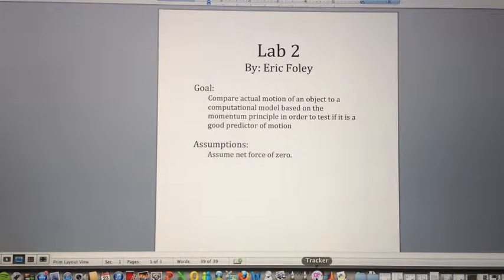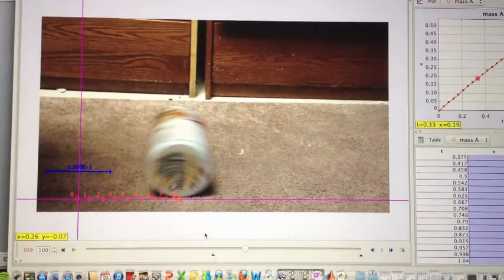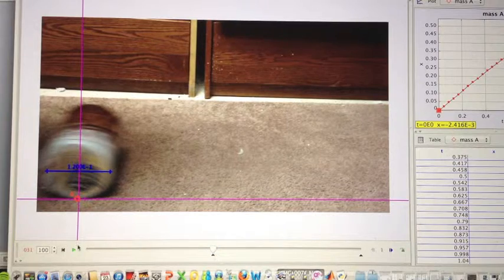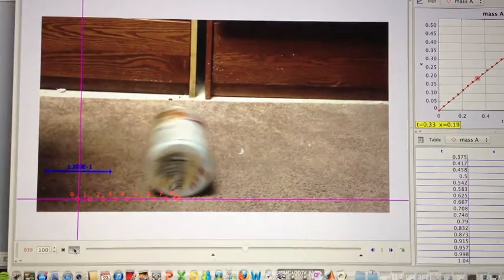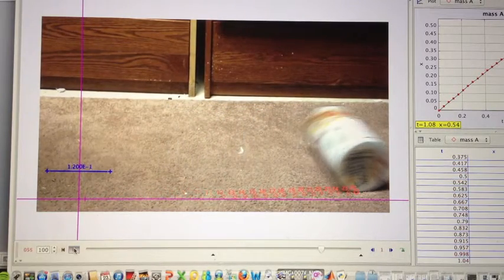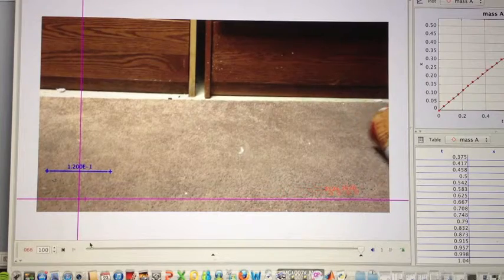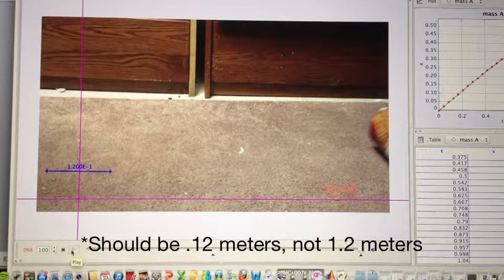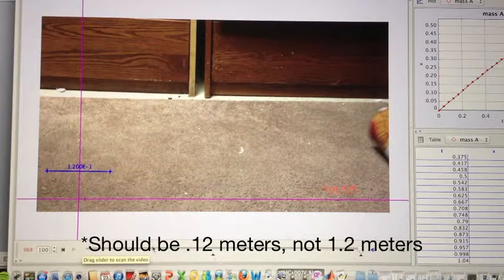The video I used was of a can rolling across my floor that my roommate pushed while I taped it. I scaled it on the left with the scaler to be about 12 centimeters long, so it comes out to 1.2 meters.